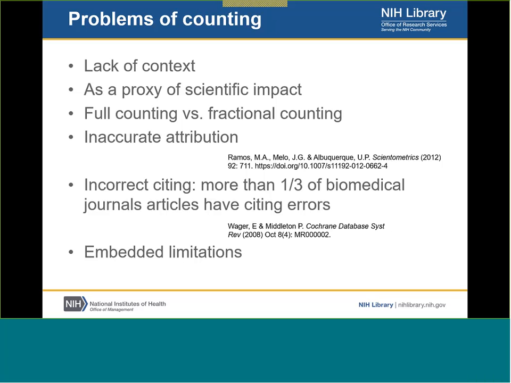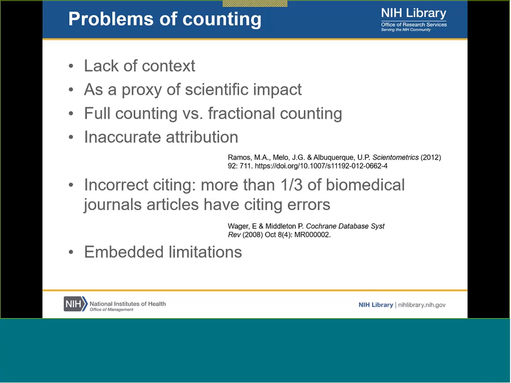There is also the problem of incorrect citing. A lot of times there are errors, such as typos or other errors in the references. Research has found that more than 1/3 of biomedical journal articles have citing errors.